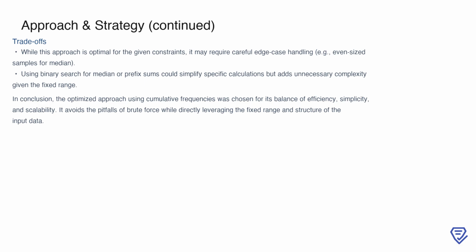The optimized cumulative frequency method strikes a balance by being efficient, straightforward, and scalable. It avoids the space and time pitfalls of brute force approaches while fully utilizing the structure of the count array. This makes it an excellent choice for solving this problem under the given constraints, ensuring that all statistics are computed accurately and efficiently without unnecessary overhead.